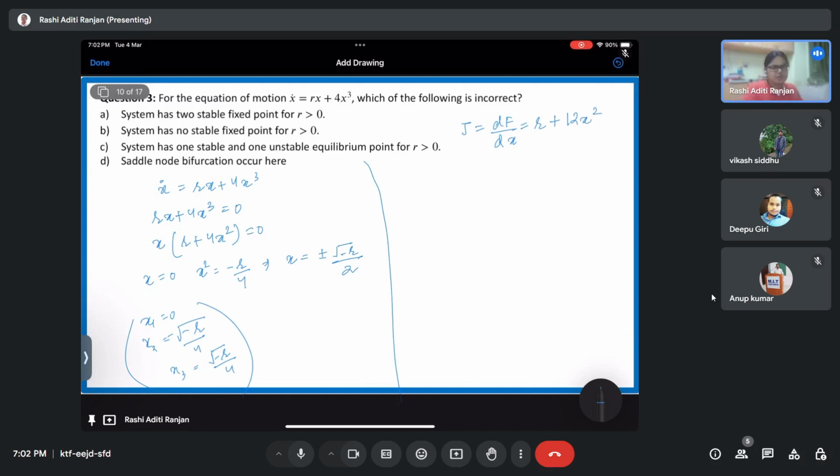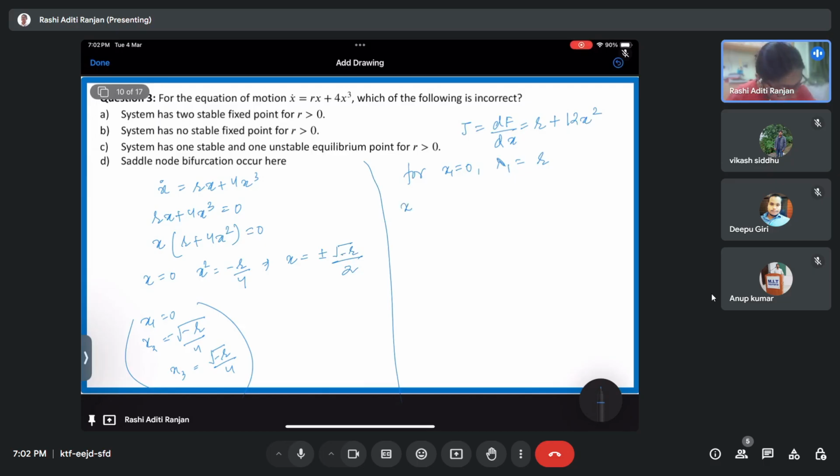Now what will I do? First I will find out the stability of 0. So for x1, which is 0, my eigenvalue is going to be r. So as the value of r changes, the stability changes.